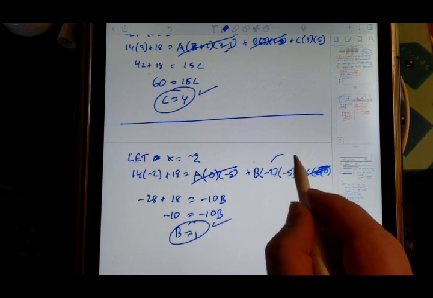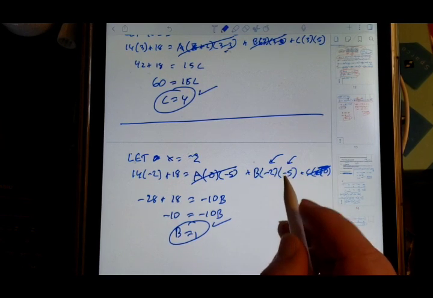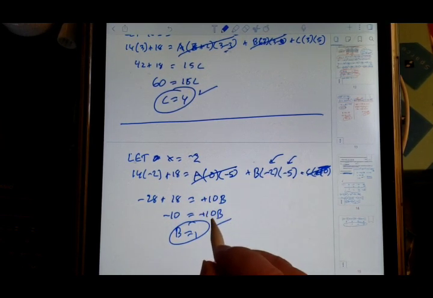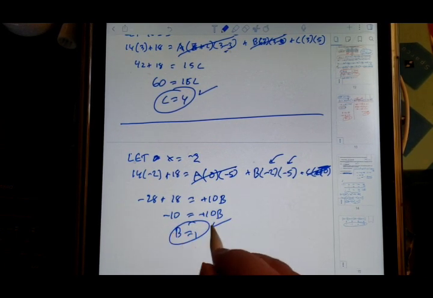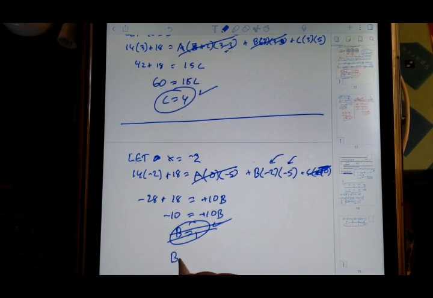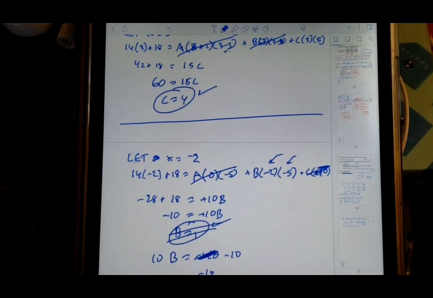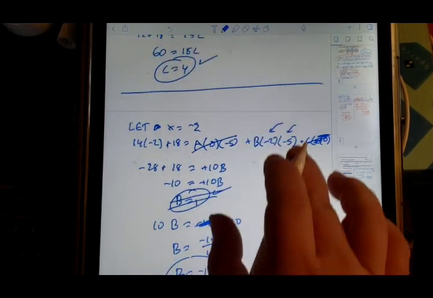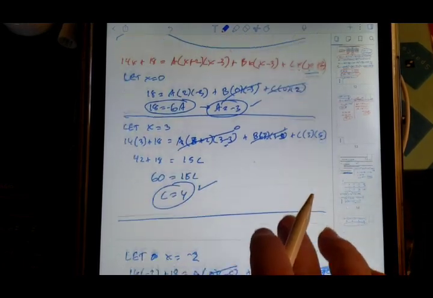Okay, so nice to catch an error before it gets too far. Negative 2 times negative 5 is positive 10. So when I divide both sides here, let me write it out. Not that that's a very big calculation for most of us, but if I have 10b equals negative 10, I have b equals negative 10 over 10. So it is negative 1. All right, so caught a mistake in real time.